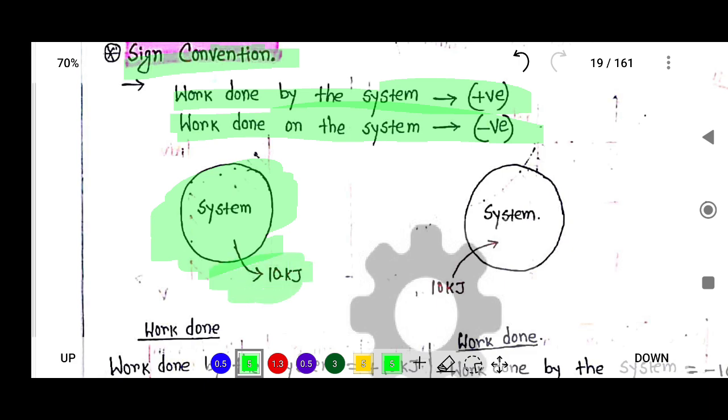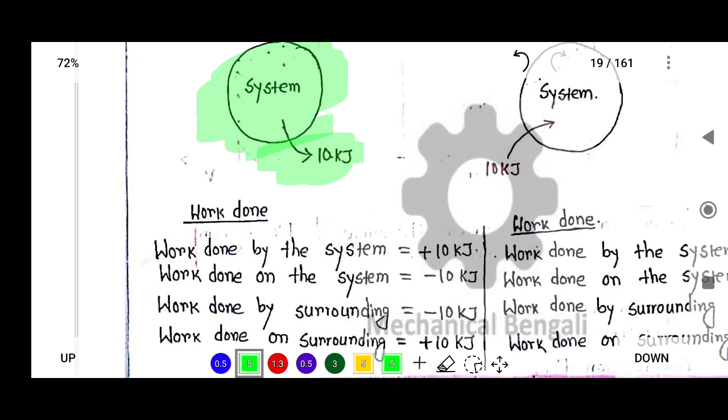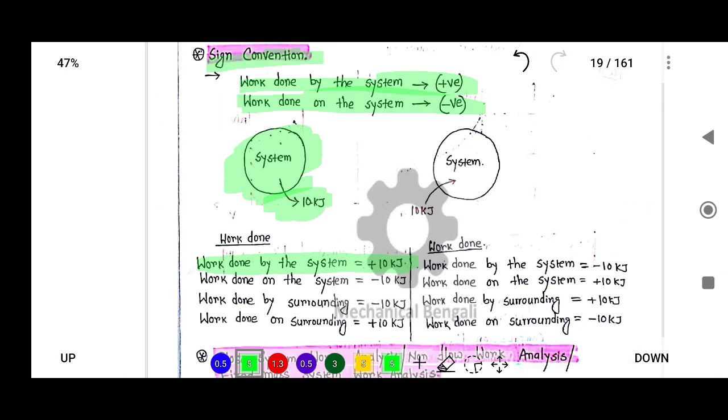This is 10 kilojoule, so work done by the system is plus 10 kilojoule. This is the main important thing. If you are new in thermodynamics, first just remember this: work done by the system is plus 10 kilojoule because the work is coming out from the system.